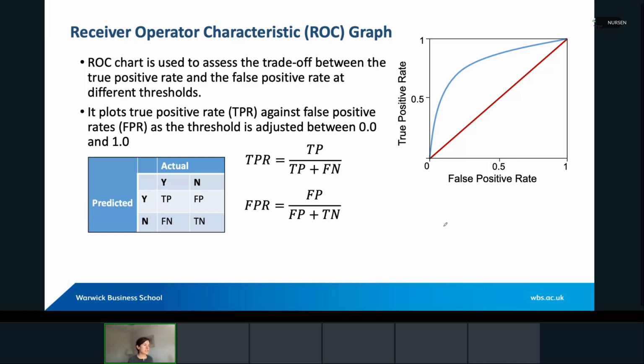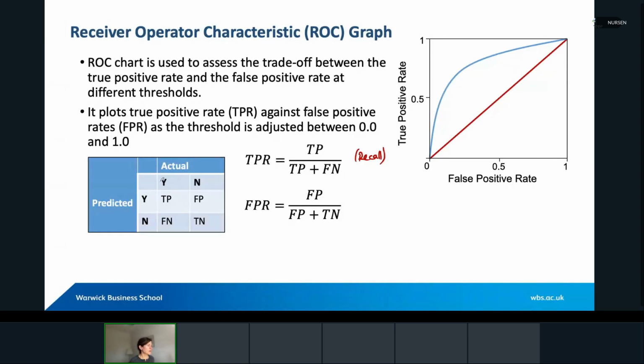And in this ROC chart, on the y-axis, we have the true positive rate. So this is the recall measure. You may not currently remember, but on the y-axis, we will see the percentage of correctly identified responders. And on the x-axis, this is the false positive rate, the percentage of incorrectly identified non-responders.